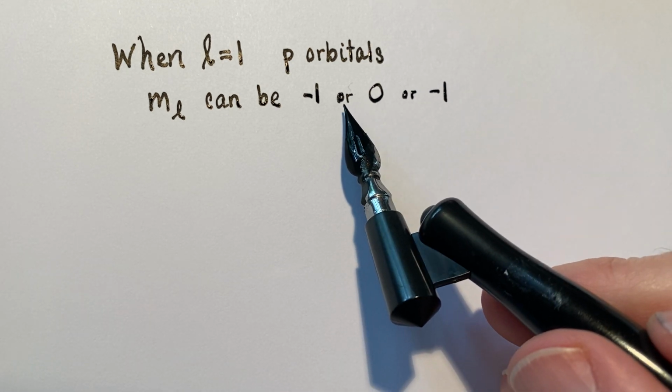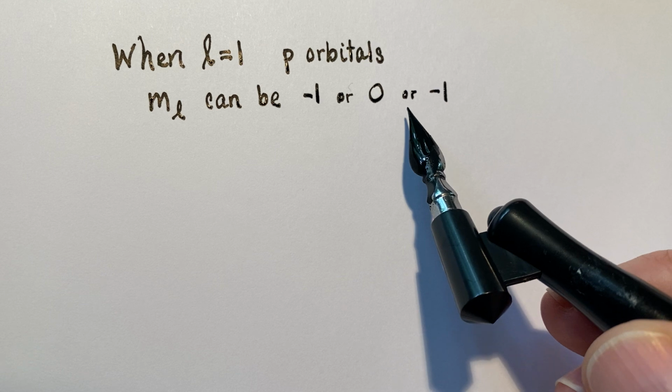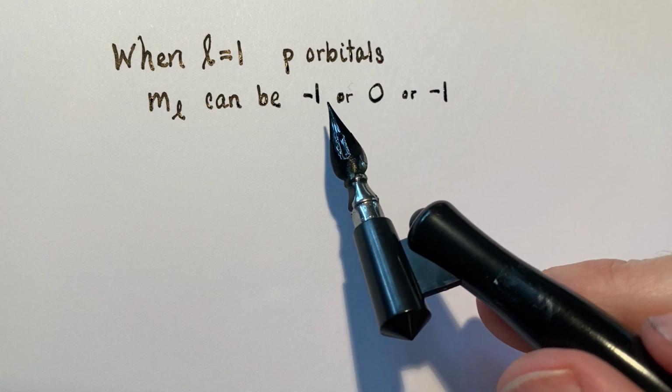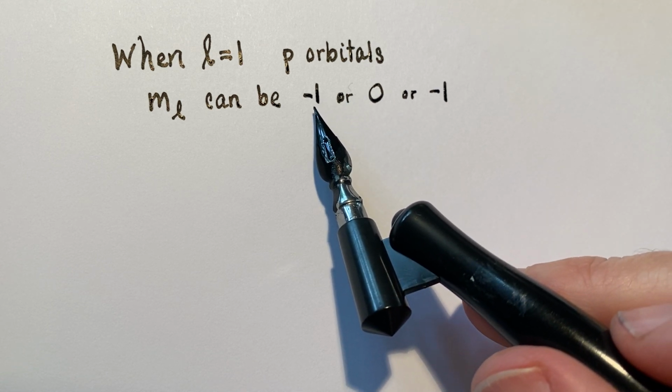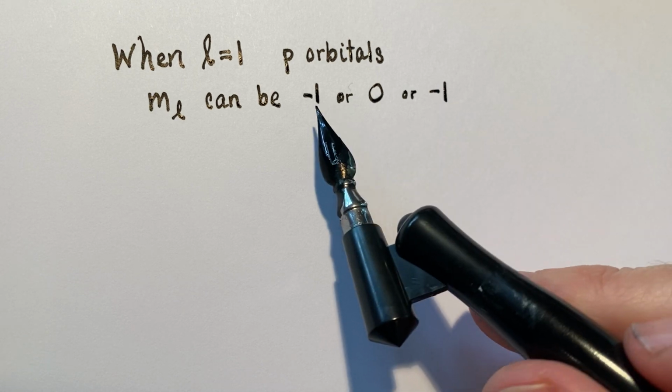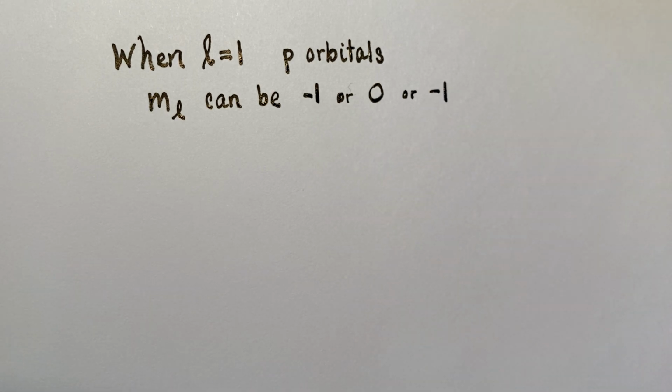I like to write or instead of putting in commas, because it doesn't mean that M sub L is all 3 of them. It means these are the possible values.